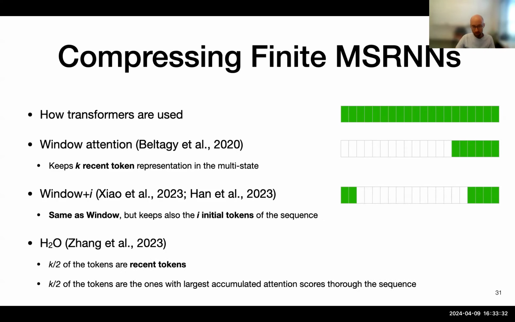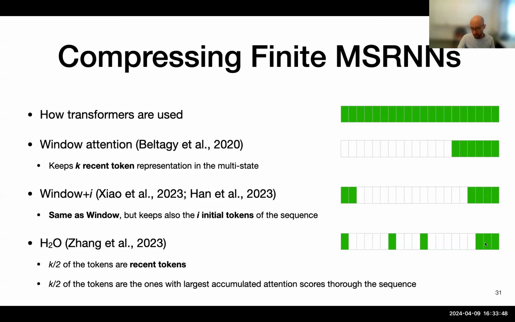And you can also consider more advanced methods. This is a method called H2O, which also uses the most recent tokens, but also allocates other tokens based on the largest accumulated attention score throughout the sequence.